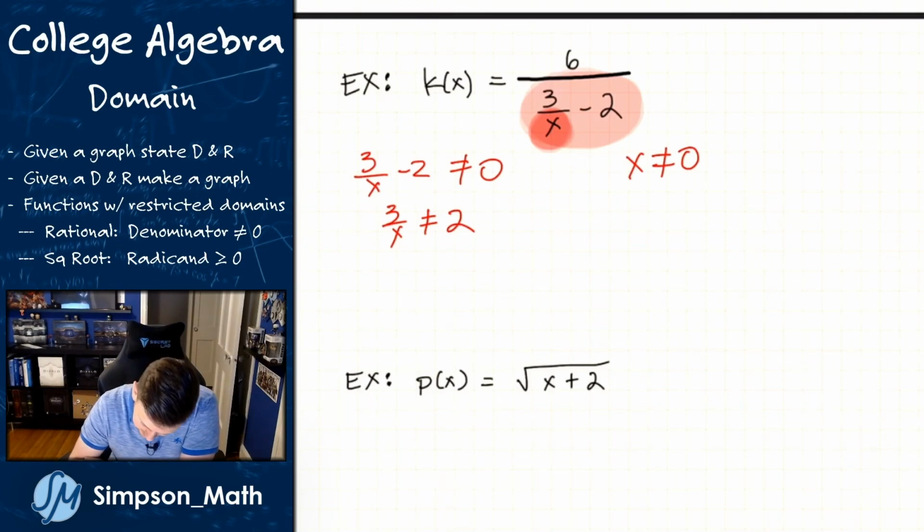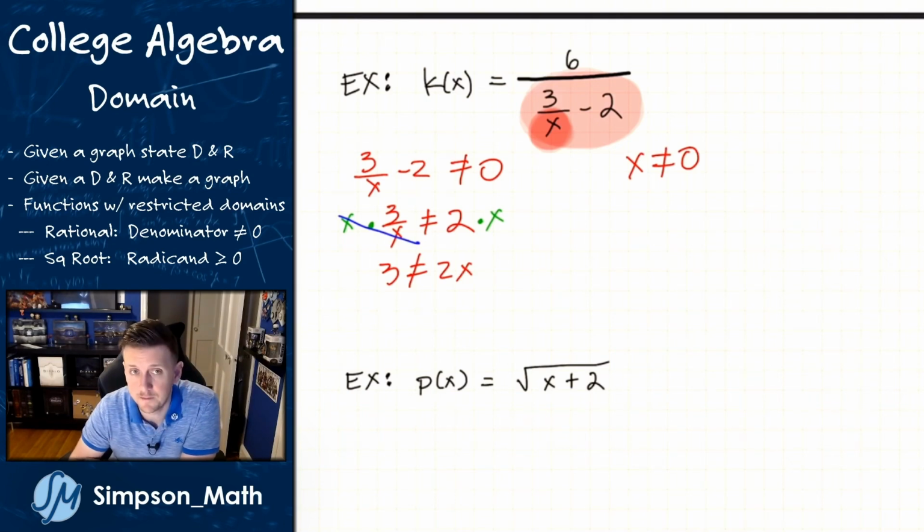I can now multiply both sides by x. These x's reduce to 1, and I now have 3 does not equal 2x. And then I can divide both sides by 2. So we get 3 halves does not equal x.